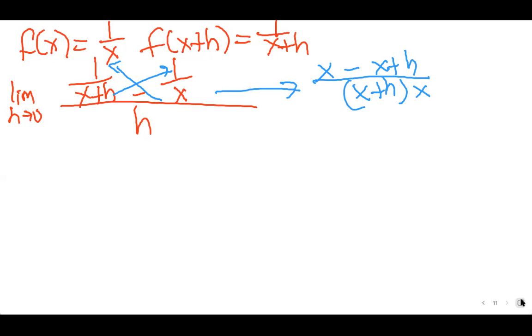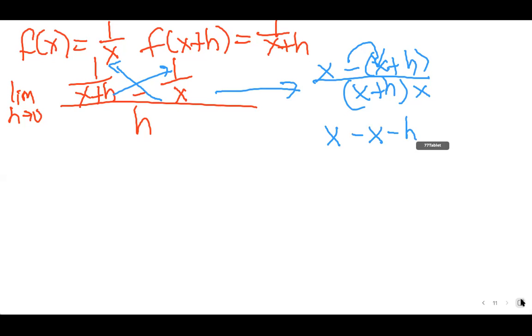Oh, nakalimutan ko yung dito. Kasi hindi pa naman siya final. Okay, now, let us now simplify that one. Simplify natin yung part na to. So we have x. I will transpose the numbers here. So it will become negative x minus h.